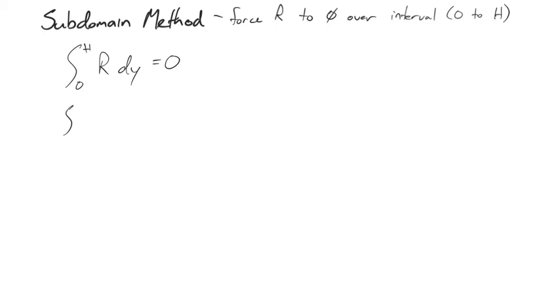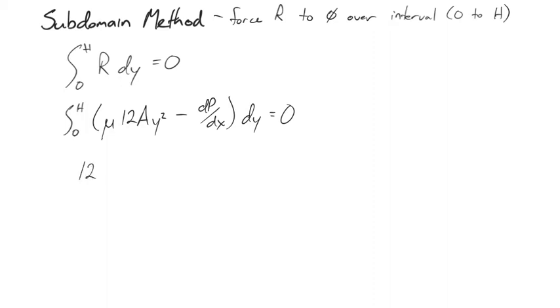Substituting in our residual equation, from 0 to h, the residual function is mu times 12a times y squared minus dp dx, which is going to be a constant as we do this integration. We integrate that with respect to y. Carrying out the integration, we get 12 times mu times a times y cubed divided by 3, minus y dp dx, because again that's a constant, evaluated from 0 to h.